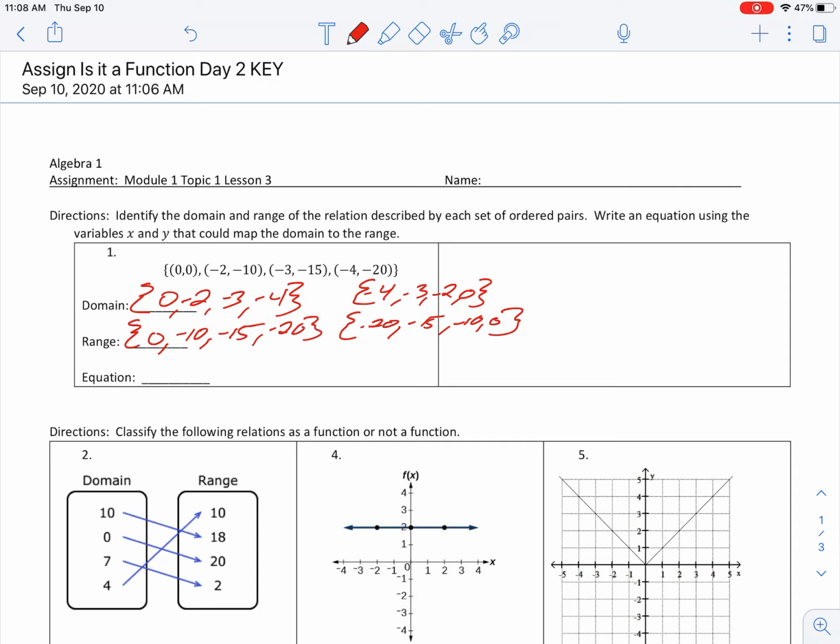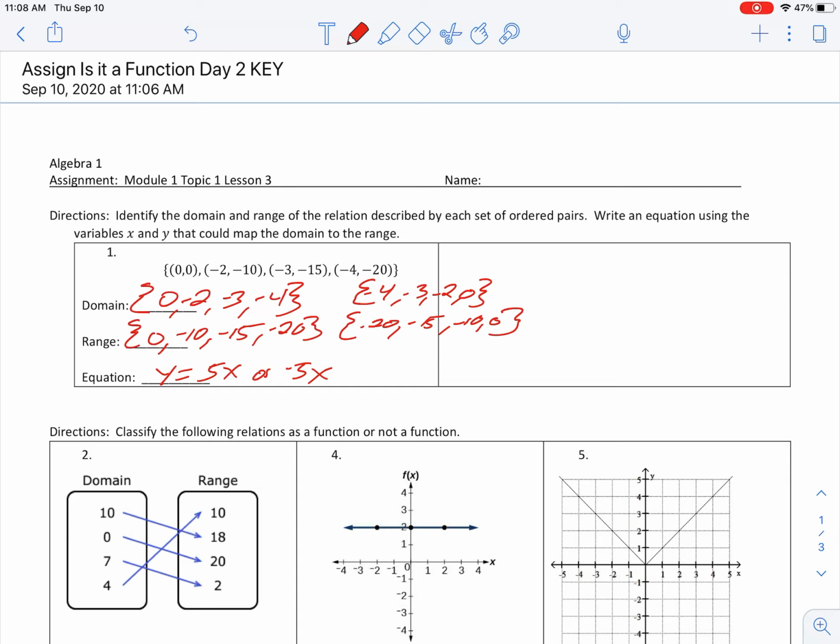Well, I see 2 to 10, 3 to 15, 4 to 20. For me, what comes to mind is it's being changed by a factor of 5. It's being multiplied by 5. So the question is, is x being multiplied by 5 or by -5? Well, think about it. If it's -5, -5 times -2 is 10, and that's not what we have.